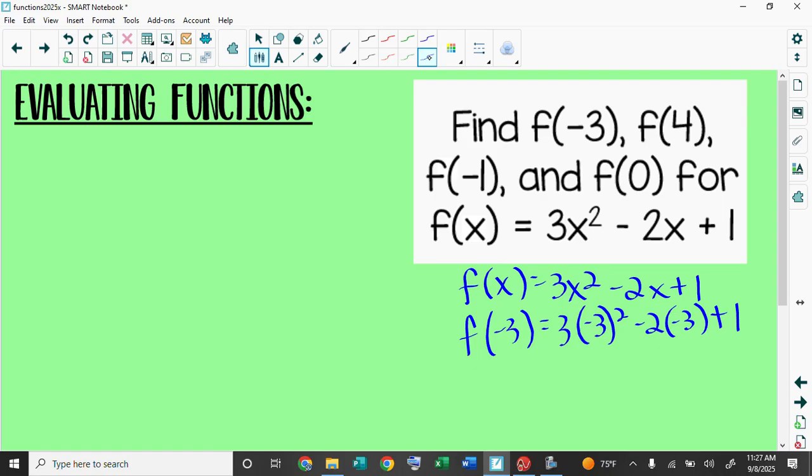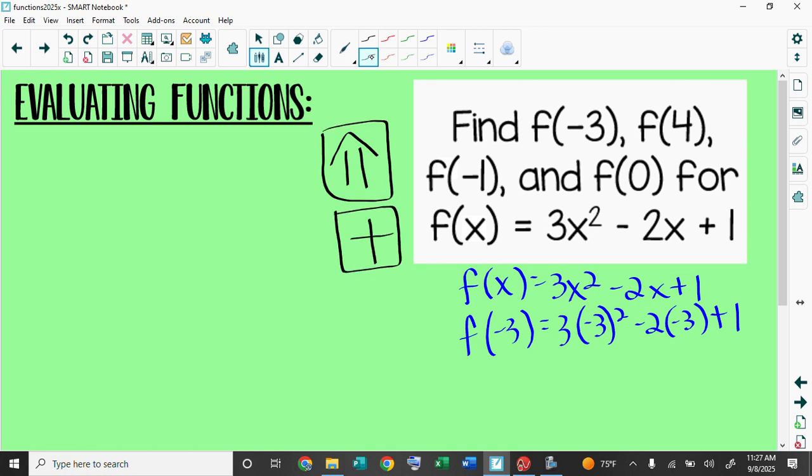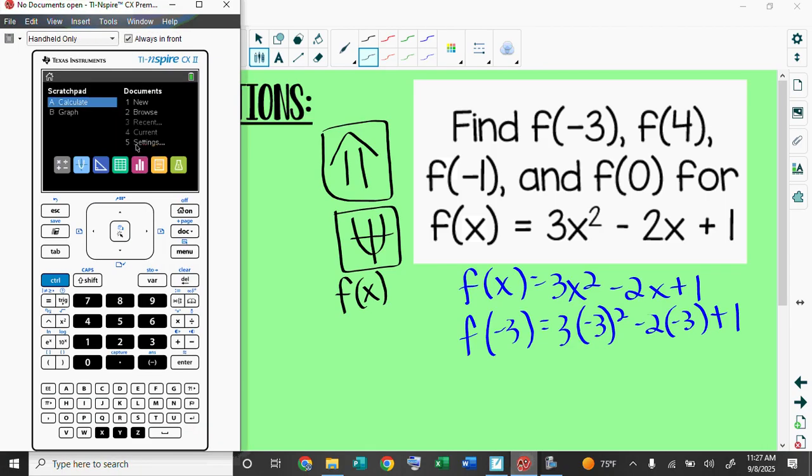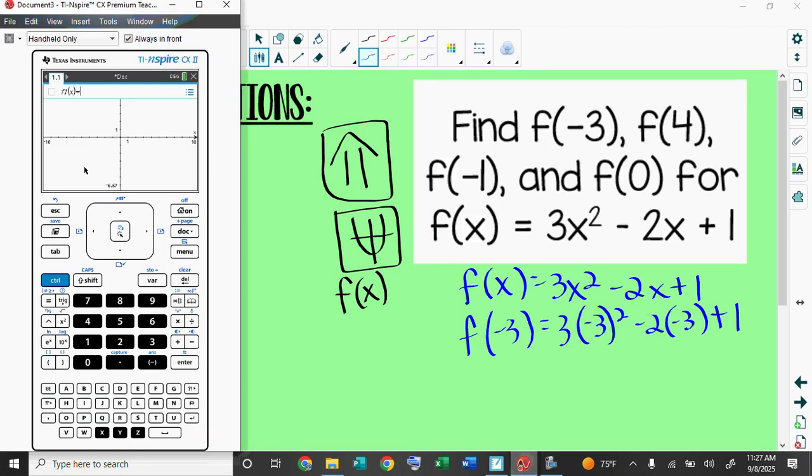And so on the underside of that foldable, I want you to write these steps. Home. And then once you're at home, you're going to get a graph. And then we're going to put our function. So here's my calculator. I'm already at home. Graph.